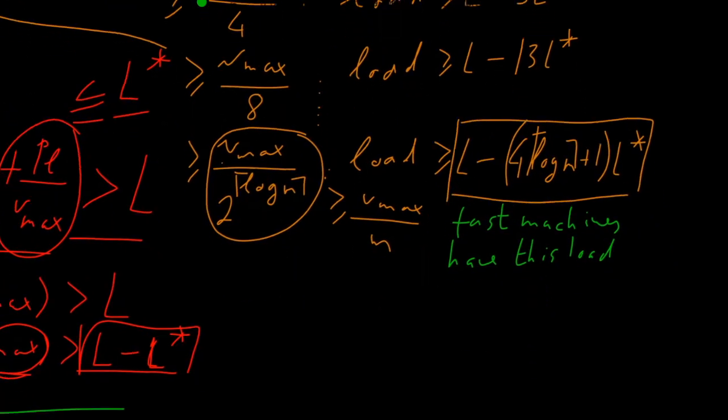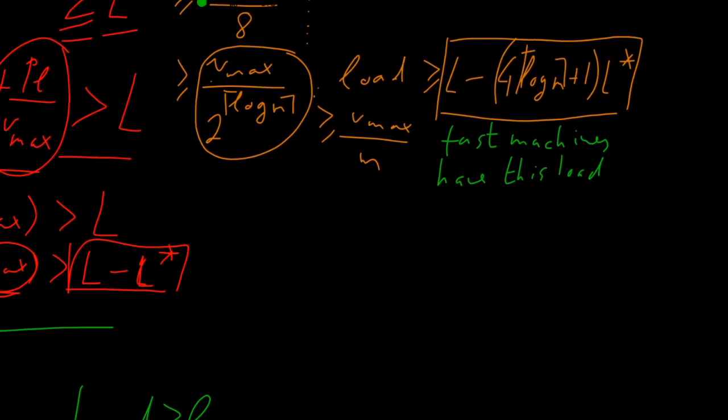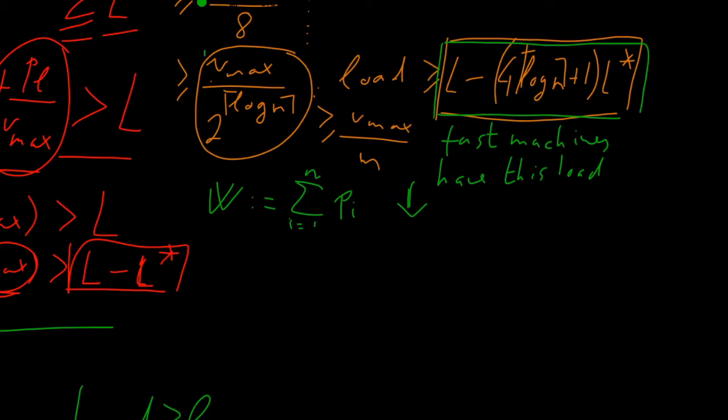Okay, so fast machines have a load of at least as large as this. Now the total work: let W denote the sum of the total size of the jobs, right?